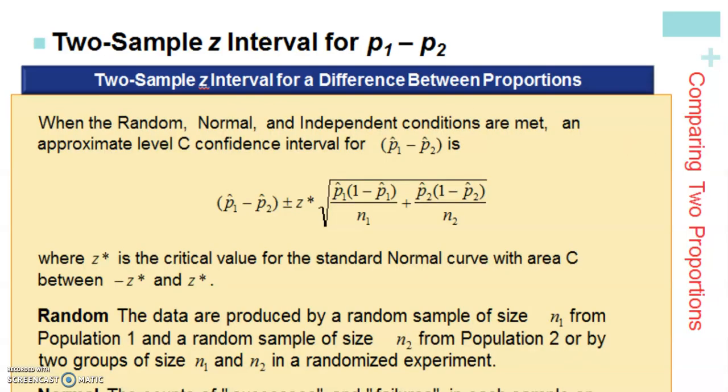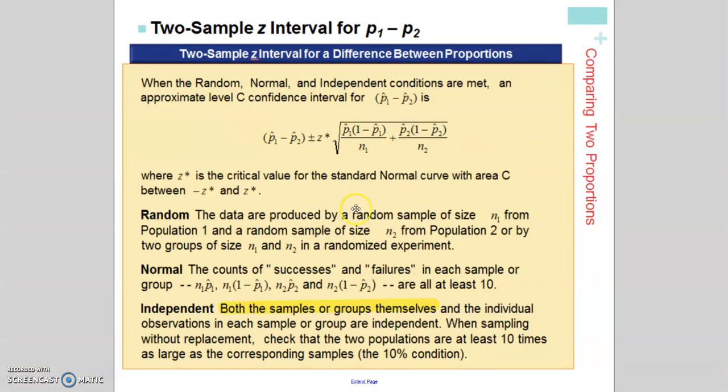If you think about this now as a new inference method, we have conditions to check as well. We've got a random condition: both of them have to come from random samples. Normal condition: there are 4 different values we need to check that are at least 10.